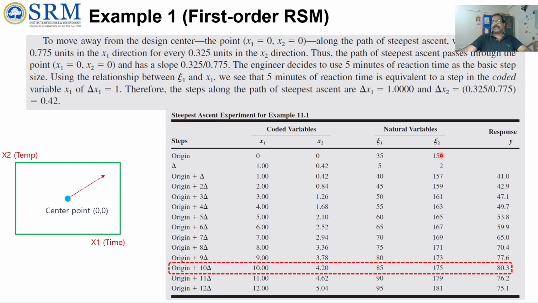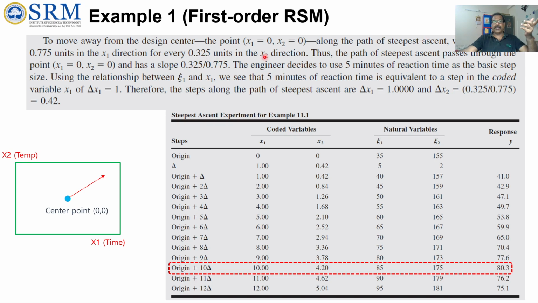Here you need to calculate the change in x1 value and the change in x2 value. For that we have the delta equation. Here we would move, because beta 1 is 0.775 and beta 2 is 0.325.